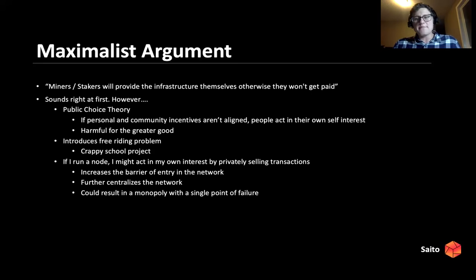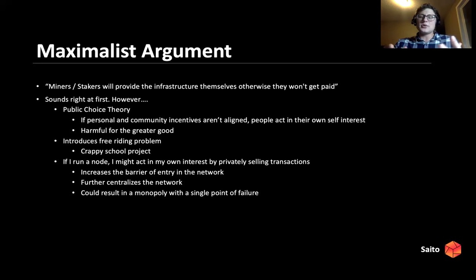This is bad for the network because it creates a barrier to entry. If I want to start a miner and begin contributing towards that infrastructure, I won't be able to compete against those who have these deals on the side that work in their favor.